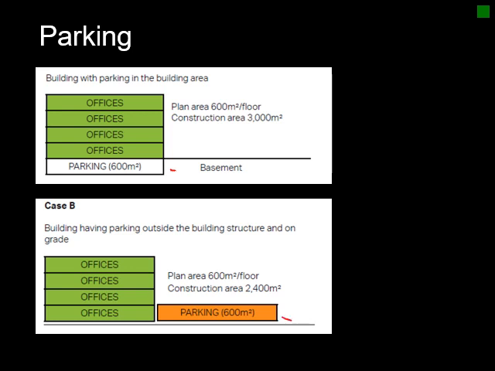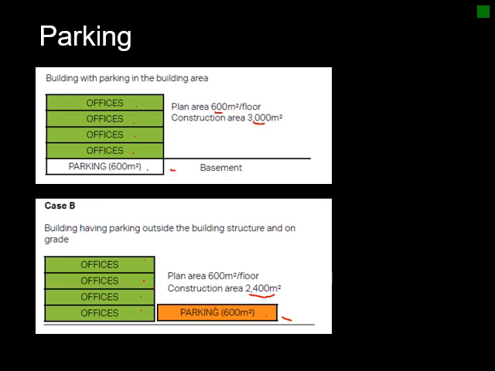The floor area is exactly the same for your offices, 600 square meters, but your parking is now outside, with the same area of parking. So you've got 2,400 square meters of building in one case, and 3,000 square meters worth of building in the other.